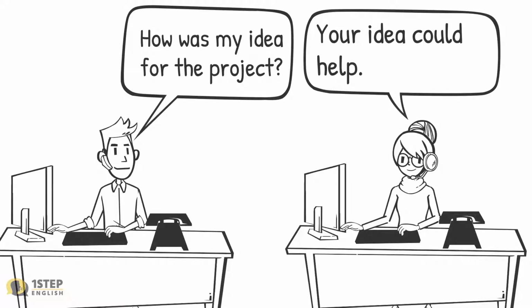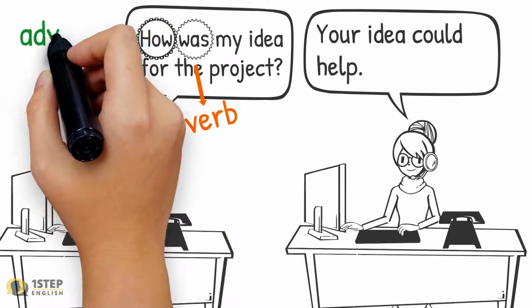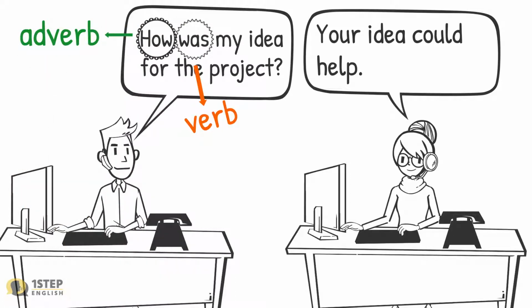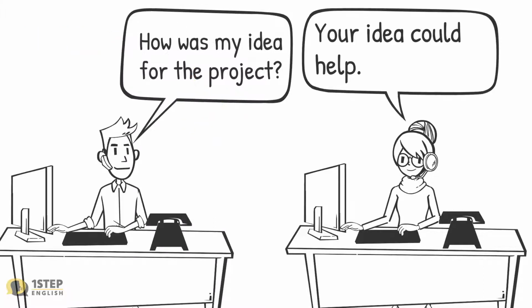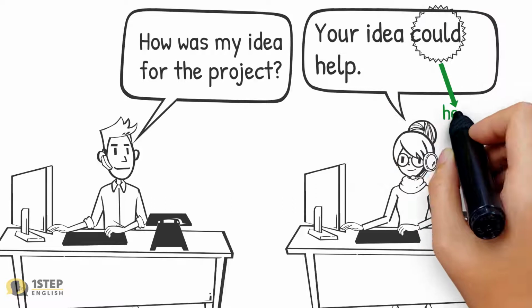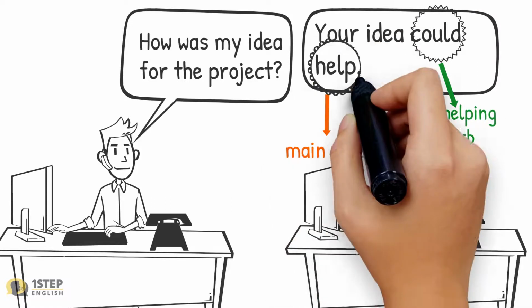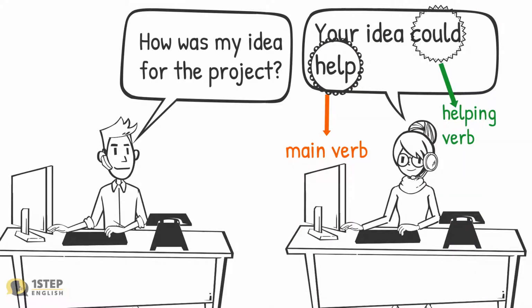In the sentence, how was my idea for the project, the word was is the verb of the sentence, while the word how that precedes the main verb is an adverb and not a helping verb. So, in this sentence, there is no helping verb. While in the sentence, your idea could help, the word could is a helping verb of the main verb help. The helping verb could is used to express possibility.